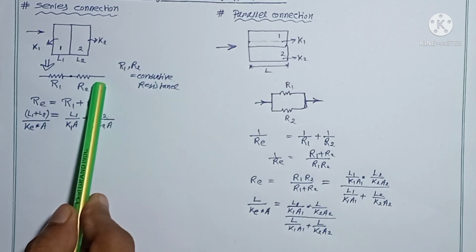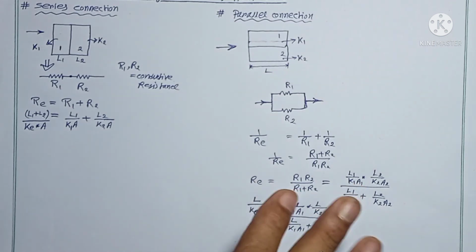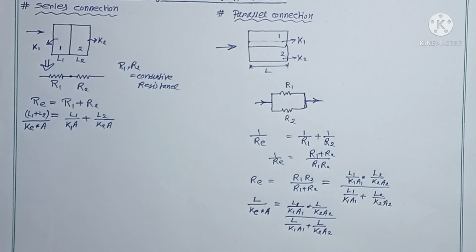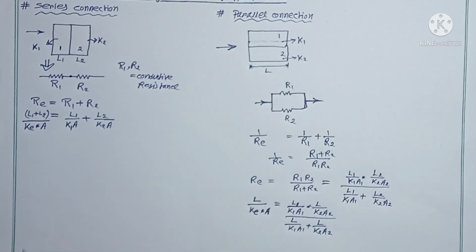Then remember the concentration concept I provided: in case of series, one after another, more concentration is possible, because at a time we are dealing with a single thing. But in case of parallel we deal with two or more things at a time, so the concentration is less.